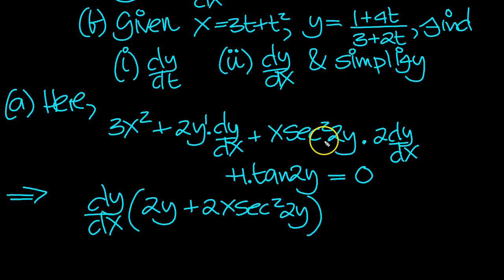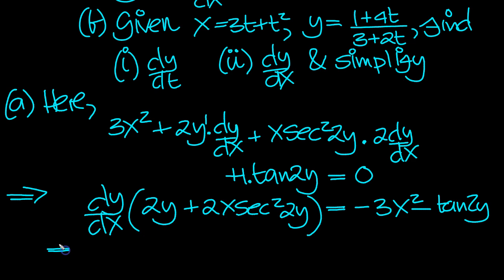Those are the two lots of things we needed to put in a bracket, the 2y and the 2x sec squared 2y. Because there's a 2 there, that can come to the front. And then move this over the other side along with this. So it's equal to minus 3x squared minus this term as well, because you're moving that over, tan 2y.